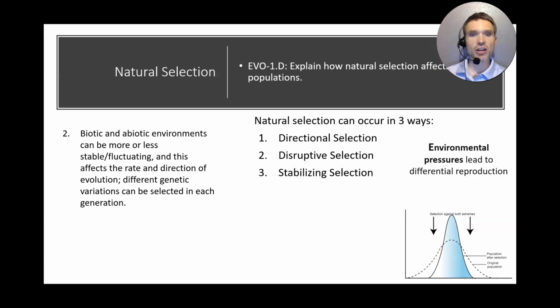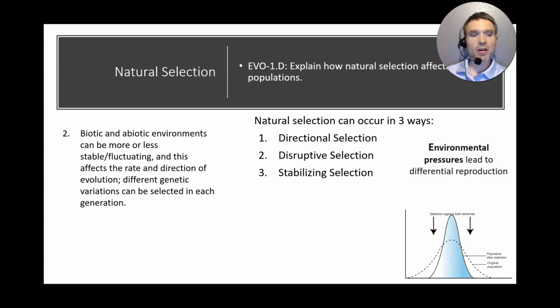And the third and final example of selection is called the stabilizing selection. So in this example, the extremes are eliminated, such that in this example it's best to be average. So let's use an example such as human weight of babies.